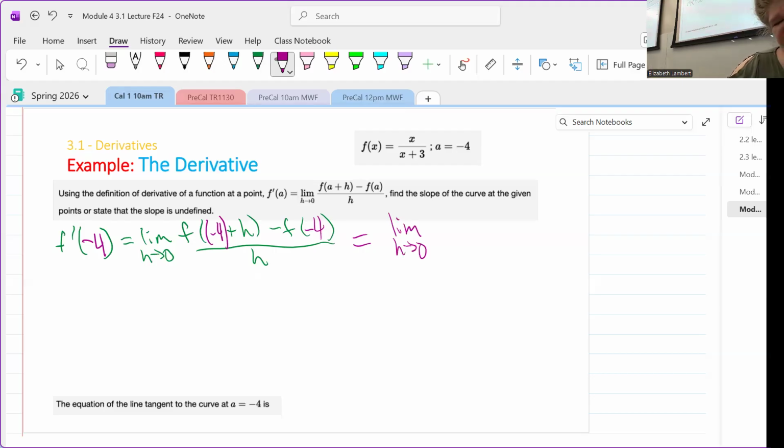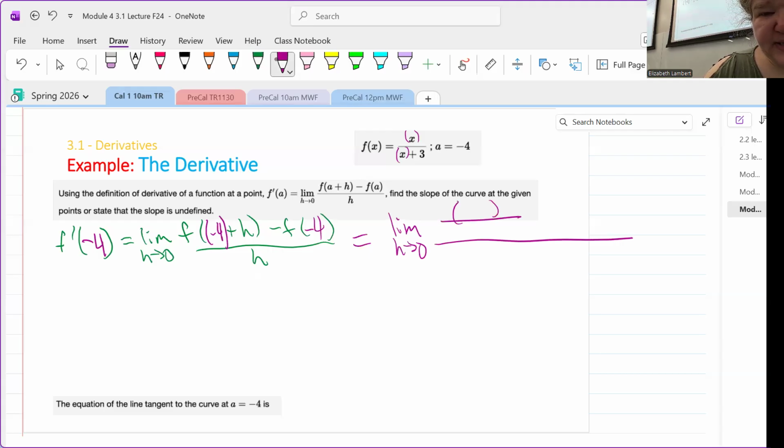So f of thing is thing divided by thing plus 3. So my f of -4 plus h. So I'm going to have a big fraction, and then I'm going to have little fractions inside it. It's a pain to write.